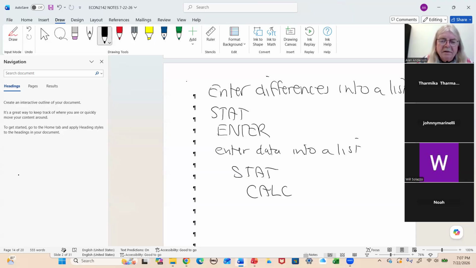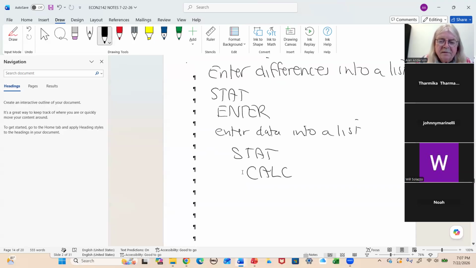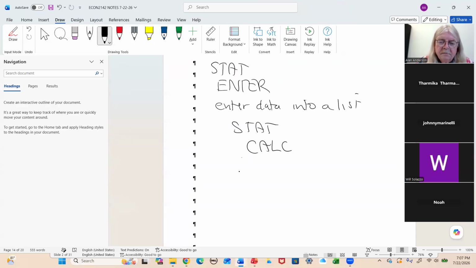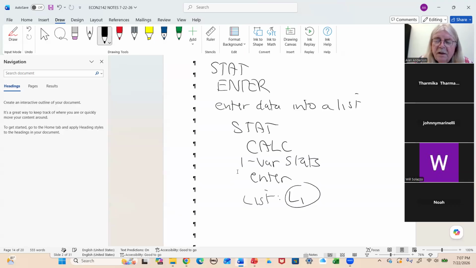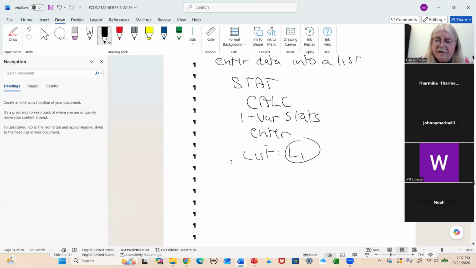And the one you want is at the very top, 1-Var Stats. Just hit enter again. Now it's going to ask you, where did you put your data? I put it in list one. You could do whichever one you want, but make sure that you tell the calculator where your data are.